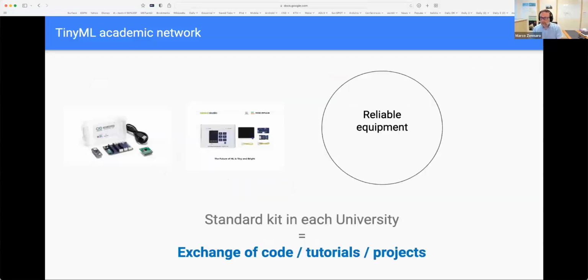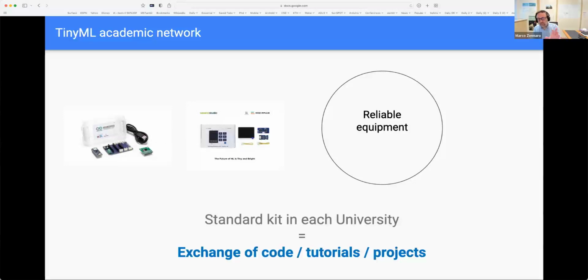If we look at the equipment, most of you will have 2 different types of kits. You will have the Arduino kit and you will have the Seed Studio devices. In this specific workshop, we're going to use the Seed Studio TinyML kit.